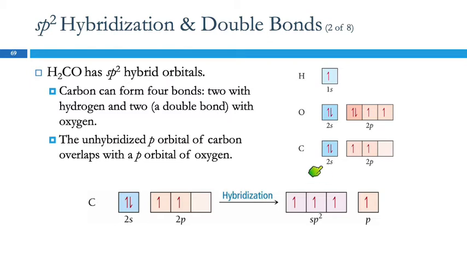So hybridizing the central atom, this has sp2 hybrid orbitals from the shape we get from VSEPR theory, and I'll show you how that works in a minute. So what we're going to do here is put these 3 together and call that sp2, and this one is left out. It's still there unchanged.